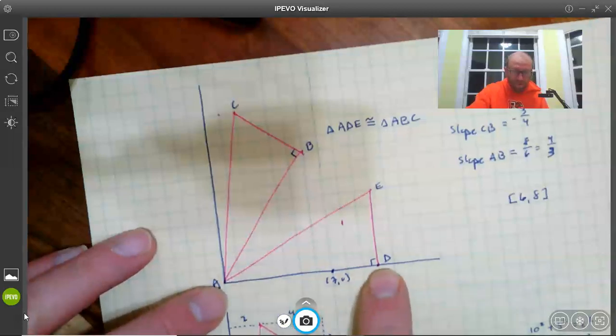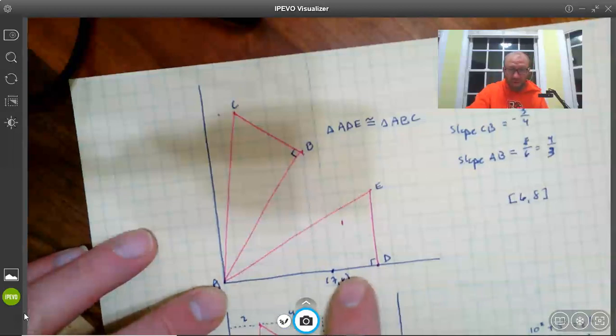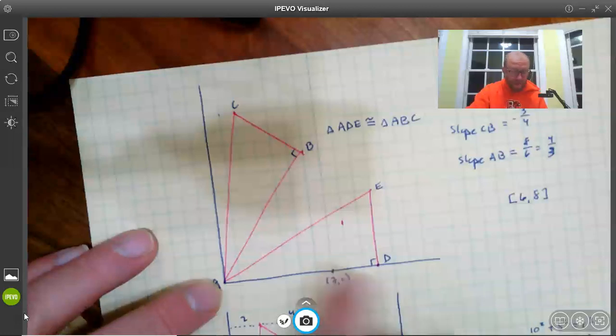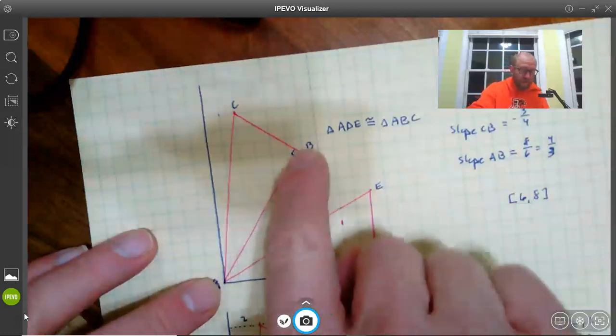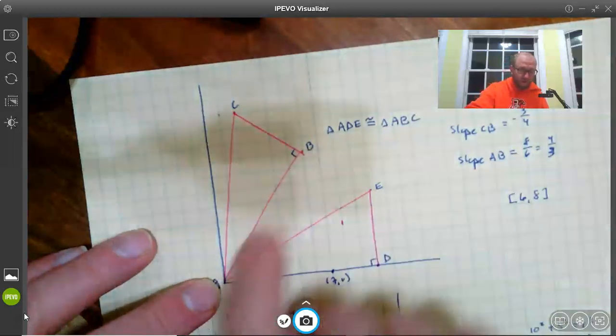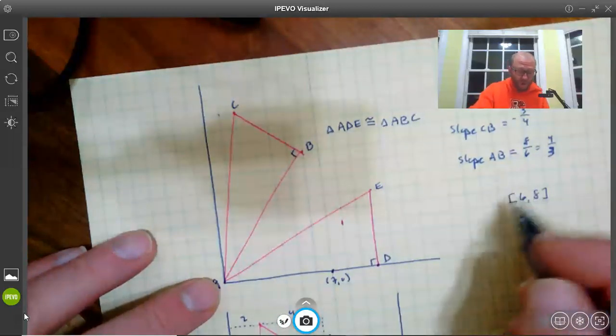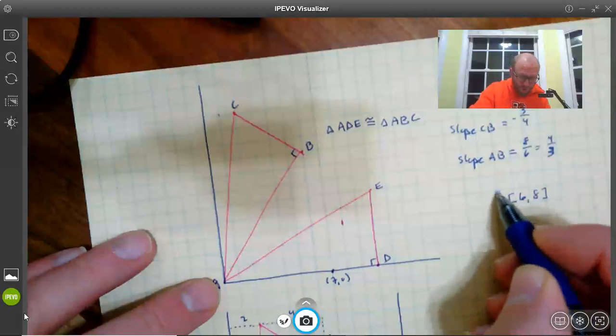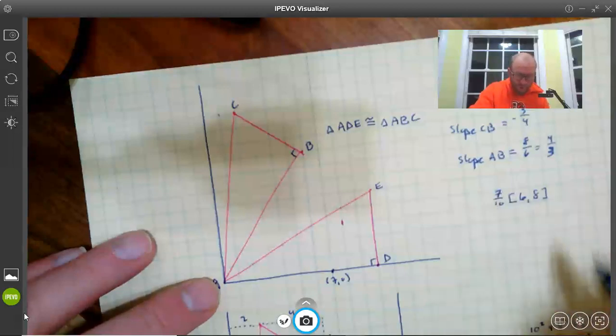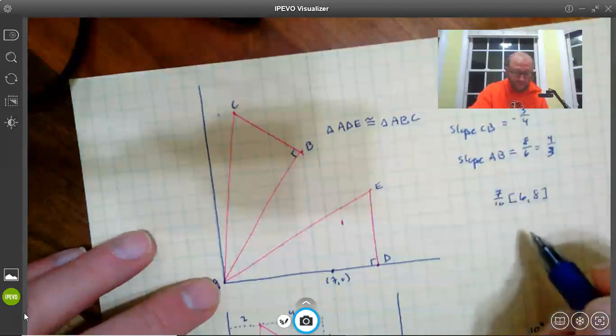Because we've got a vector that goes from A to D, and we want to find the point that's 7. That's 10 spaces altogether. 7 spaces over would be 7/10 of that whole length. So I want to find a vector that's the same direction as this, but 7/10 of the length. And so I would just multiply that by 7/10.